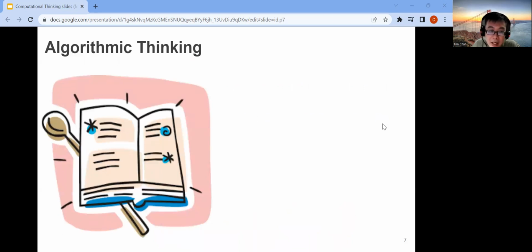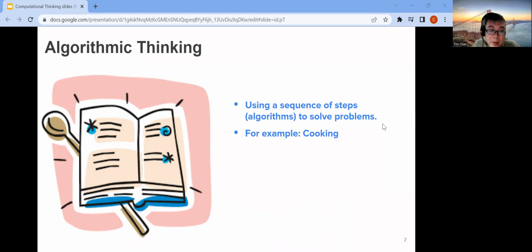Lastly, algorithmic thinking. What is this about? It's about using a sequence of steps, which is an algorithm, to solve a problem. For example, cooking. Some of you may be cooking, or you see your mother cooking.